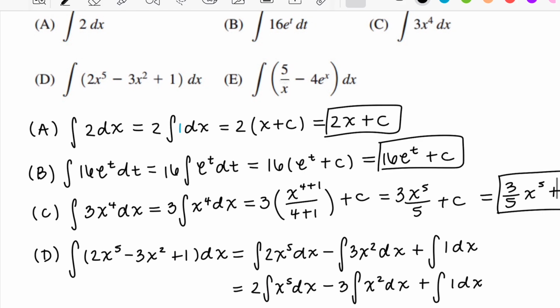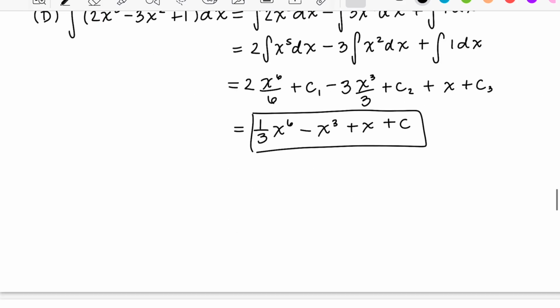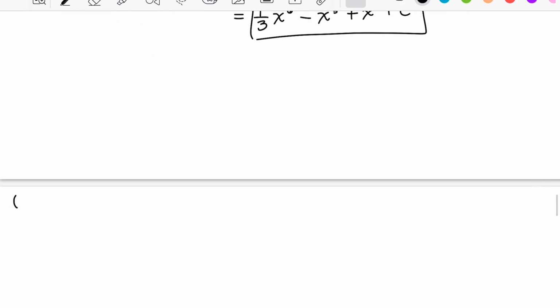Now let's look at part E. So we have, I'll put that on this page. We're looking at the integral of 5 over x minus 4 times e to the x with respect to x. So again, what we'll do is split this guy up.